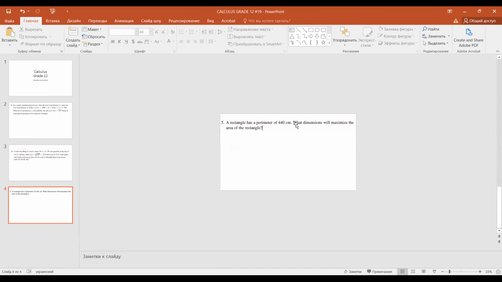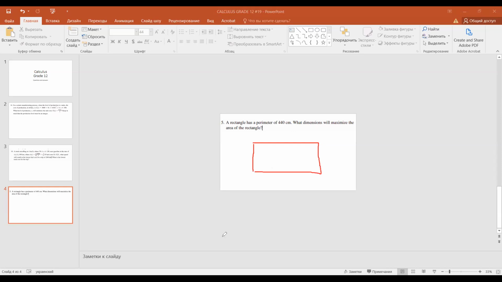So a rectangle has a perimeter of 440 centimeters. We don't know the lengths of the sides. We know it's just a rectangle.